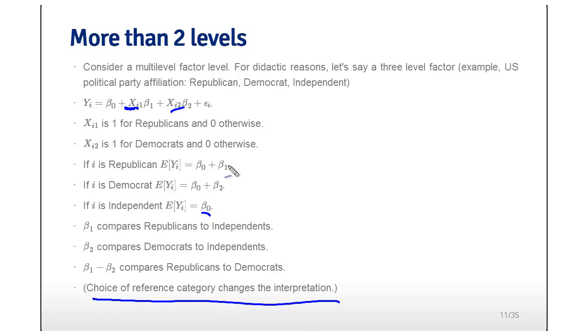Then beta 1 and beta 2 from the model would correspond to comparisons relative to the Republican reference category. Now, because we omitted the Independent variable, everything is interpreted relative to the Independent reference category. Okay?